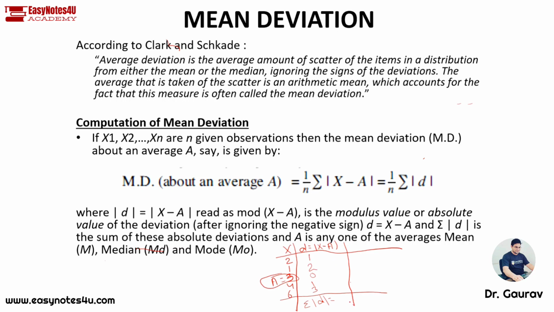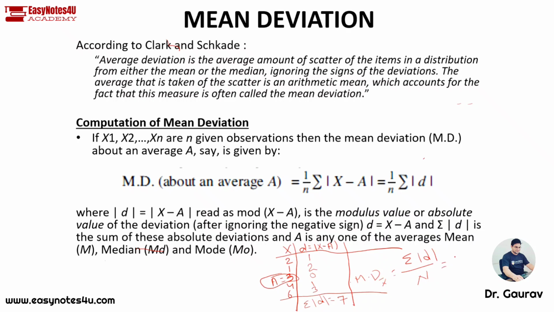Okay, so the total of the summation d will be 7. So you can use the formula summation d divided by n, which is the mean deviation from mean.